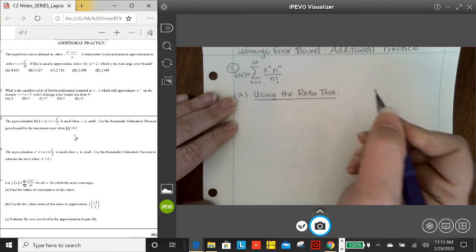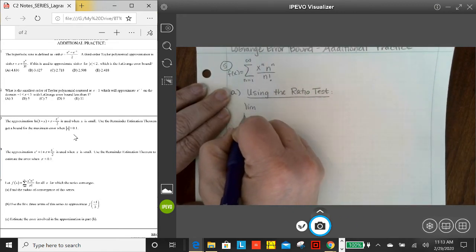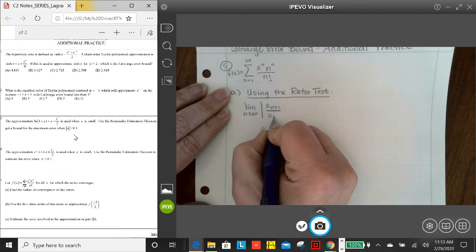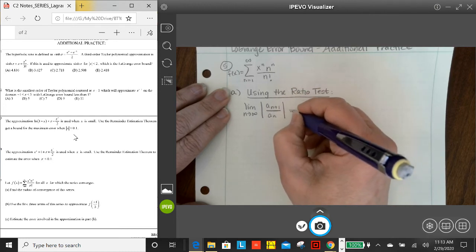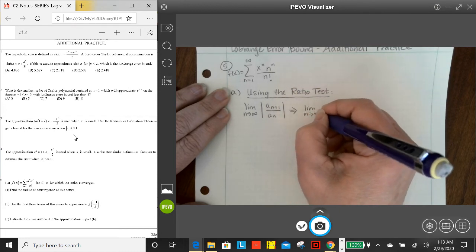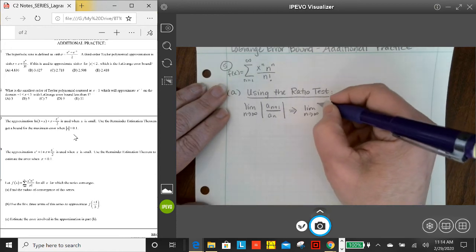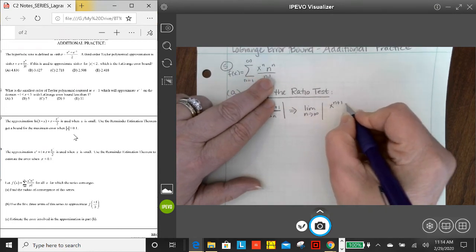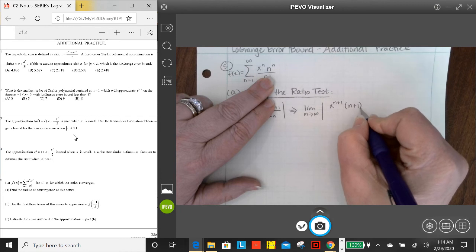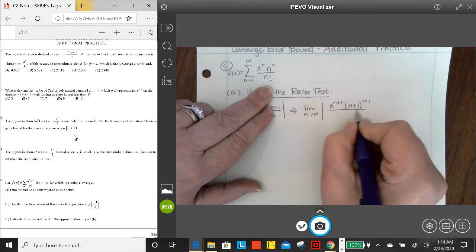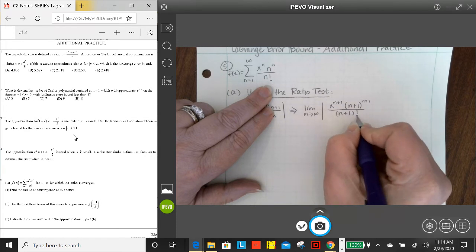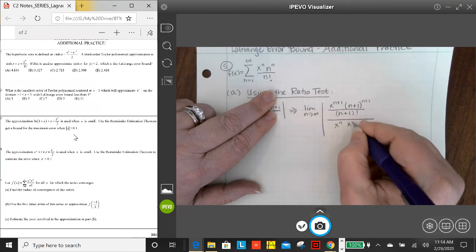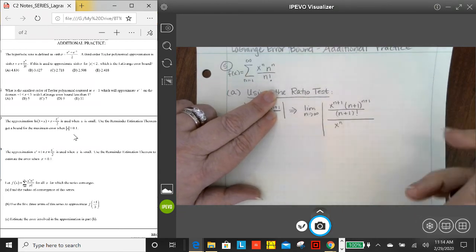Using the ratio test, that means we're going to take the limit as n goes to infinity of the absolute value of a sub n plus 1 over a sub n, which means the limit as n goes to infinity of the absolute value of x to the n plus 1 times n plus 1 raised to the n plus 1, over n plus 1 factorial, divided by x to the n times n to the n over n factorial.